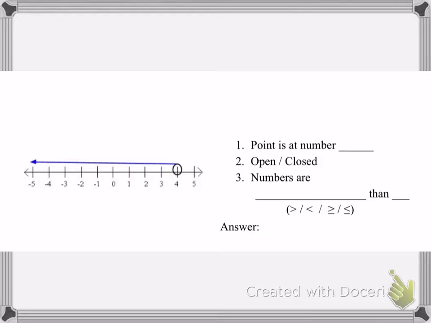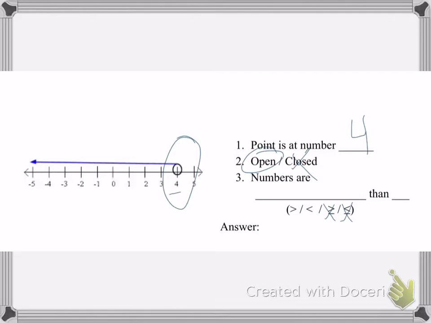We have one more example. First step, find out where your number is. What number are you using? You're using 4, because that's where the point is. We know it's an open circle because we can see it, so closed is out of here. You can get rid of the two inequalities with the equal to signs. And lastly, you have to figure out if the numbers are less than or greater than.